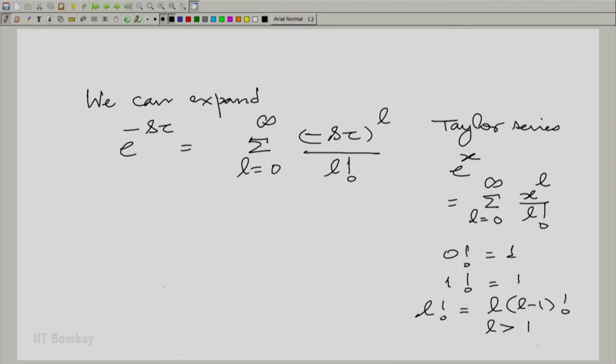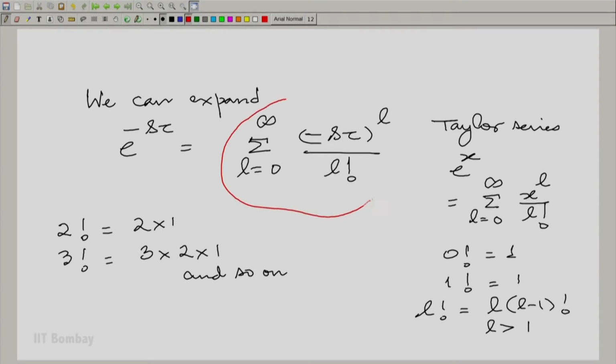So, for example, 2 factorial would be 2 into 1, and 3 factorial would be 3 into 2 into 1, and so on. You will recall that this factorial has a role to play in permutations. So, if you have n objects and you want to permute them, the factorial is involved. Recall that yourself. Anyway, here it occurs more as a mathematical part of the Taylor series expansion.